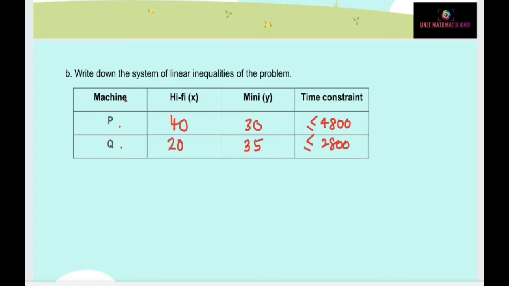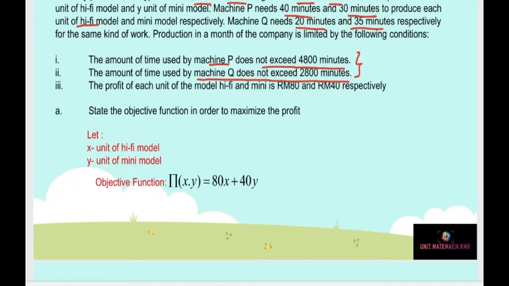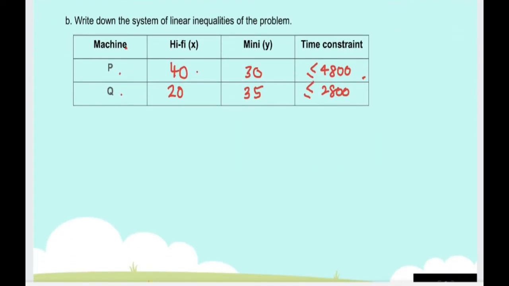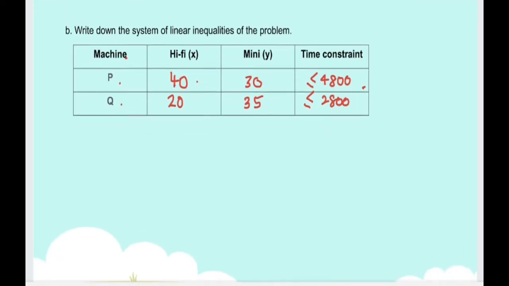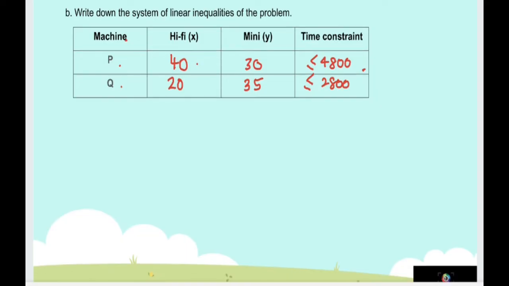Make sure all of your variables have the same units, so if here is minutes, here also minutes. So we got two constraints, or inequalities, to put into the solution. And besides that, the very important inequalities are x must be greater than or equal to 0 and y greater than or equal to 0.